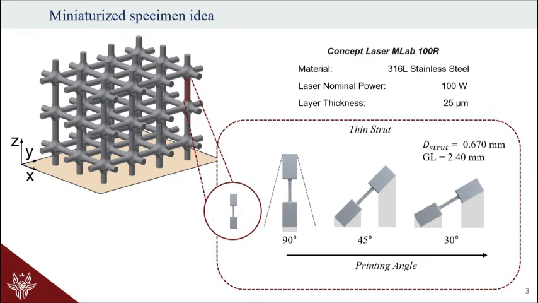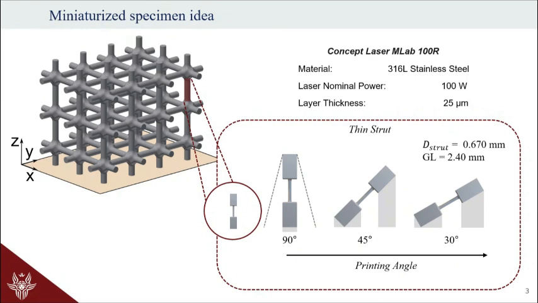So that's what we call miniaturized specimens. We have done this, and for this specific study, we worked on 3 different building orientations for the same geometry with this very precise LPBF Concept Laser machine.